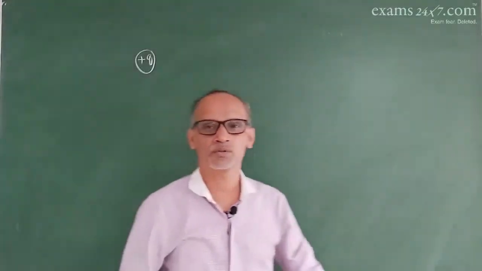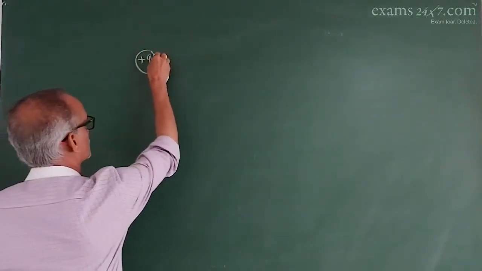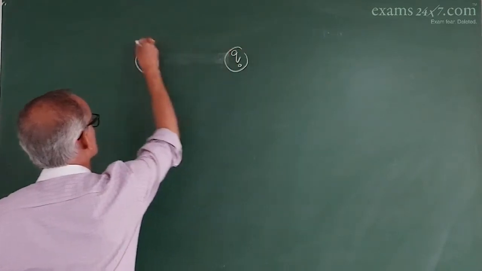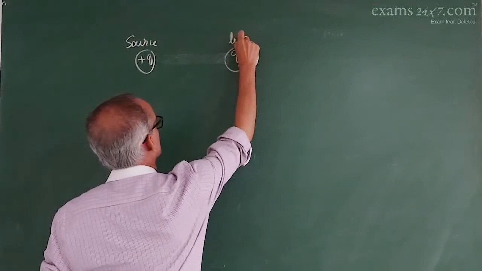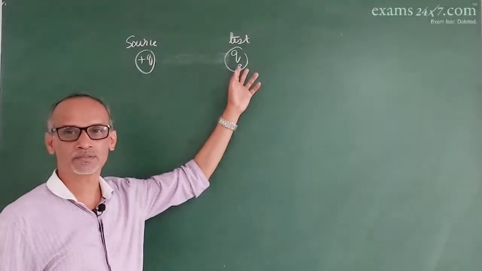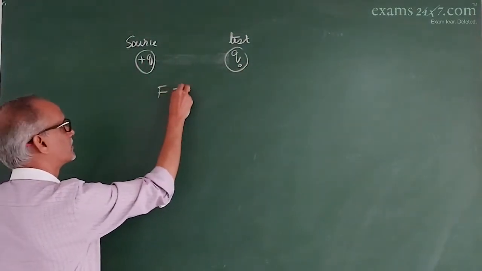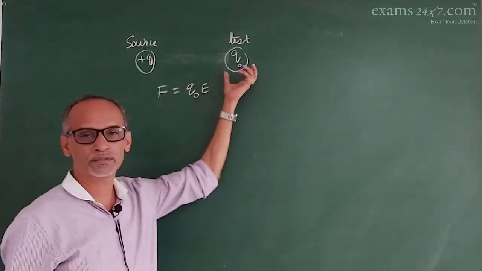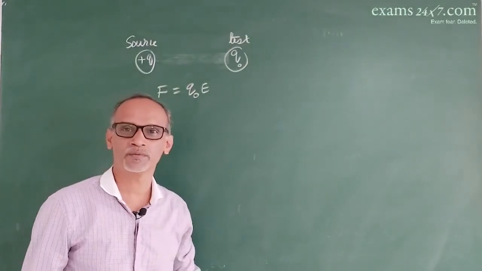So if there is a source charge which produces an electric field, and if I place another test charge Q0 in it, then this charge not only experiences force, which is given by F is equal to Q0 into E, but it also stores energy. What kind of energy?